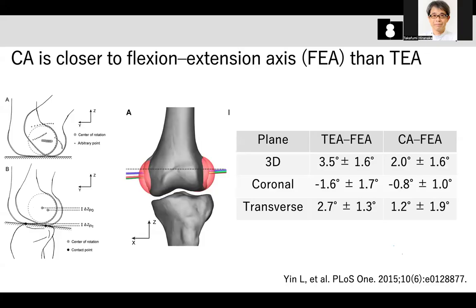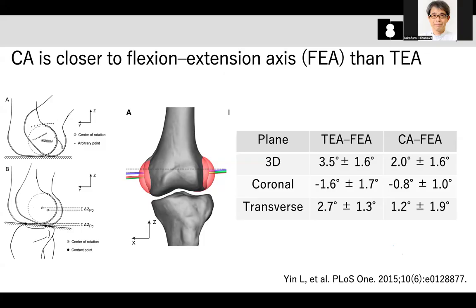Okay. But in fact, in the 3D analysis, the actual flexion extension axis movement comes around the cylindrical axis, or contralateral axis. It's much closer to the actual flexion extension axis than the trans-epicondylar axis.